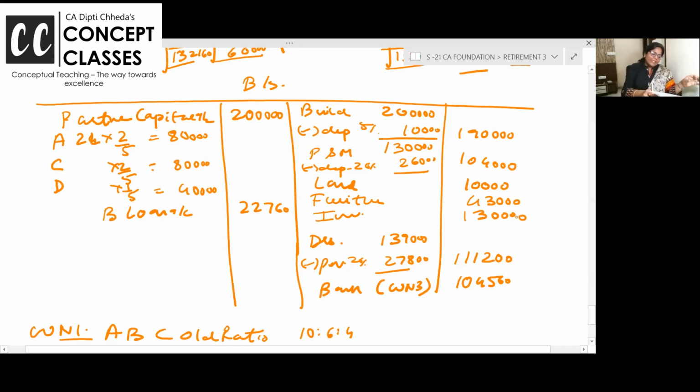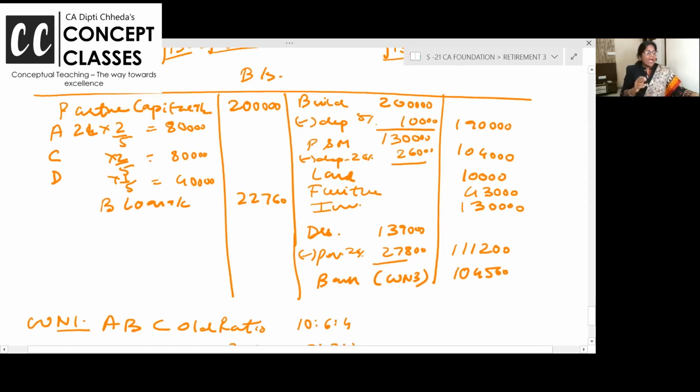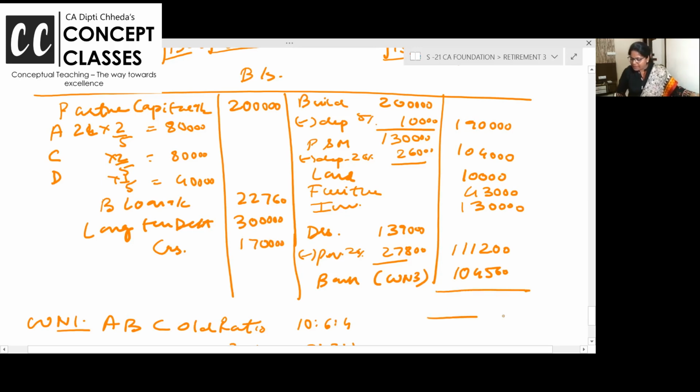Come to liability side. Partners capital account you have written. Are you all checking? Reserves you have already given. Some long-term debt is there. Just keep it as it is. Bank overdraft is not there, and creditors are as it is. Do the balance sheet total.